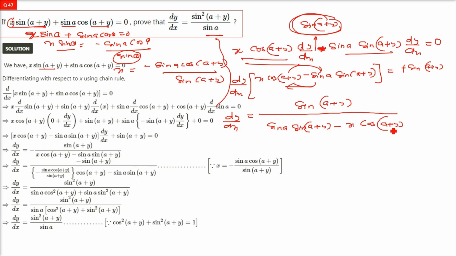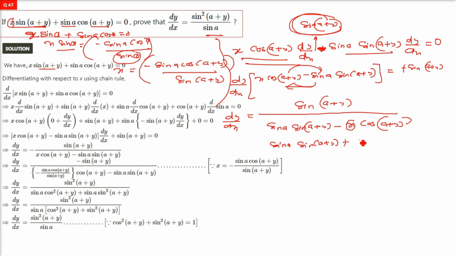Okay. Now dy by dx we have already got, but the problem is that this is not the final answer because x has to be replaced by something which will only get you y. So in the beginning I told you this x is basically minus sin a cos a plus y divided by sin a plus y. So sin a plus y, I am telling you the denominator now.